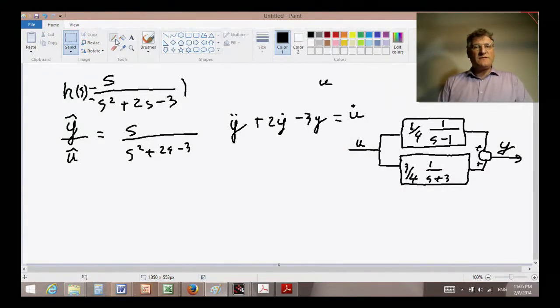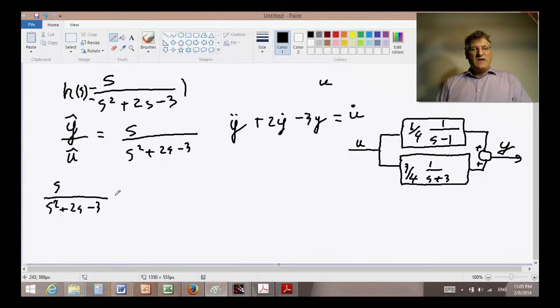I can write that s over s squared plus 2s minus 3 is equal to s over s minus 1 times 1 over s plus 3.